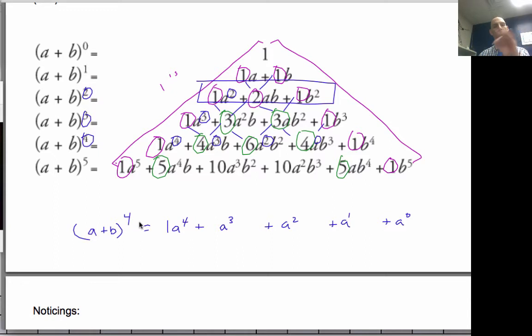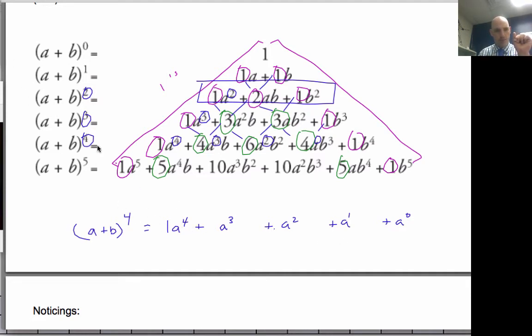In my a plus b to the fourth term, I've got 1, 2, 3, 4, 5 terms. How do I know? Well, it starts with my exponent matching my original exponent, a to the fourth. Then my a steps down, 3, 2, 1, 0. A to the 0 is 1. And my b exponent steps up.